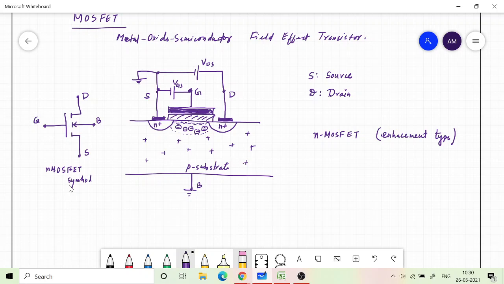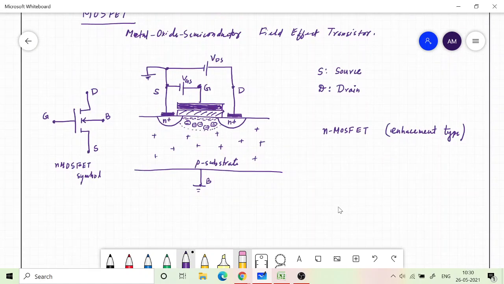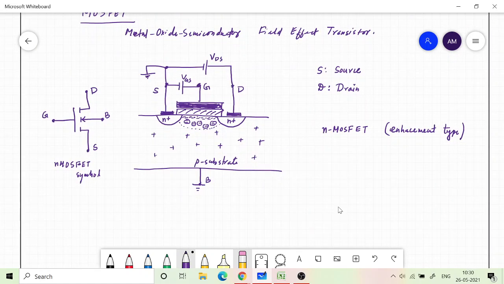Okay, so now the time is up, so we will continue in the next class the operation of the MOSFET, and then we have to derive the expression for current, because there is going to be current from drain to source. When you apply a positive VDS, there will be a current provided there is an inversion layer.